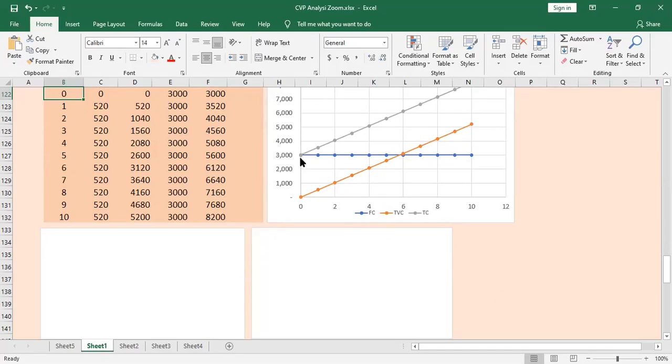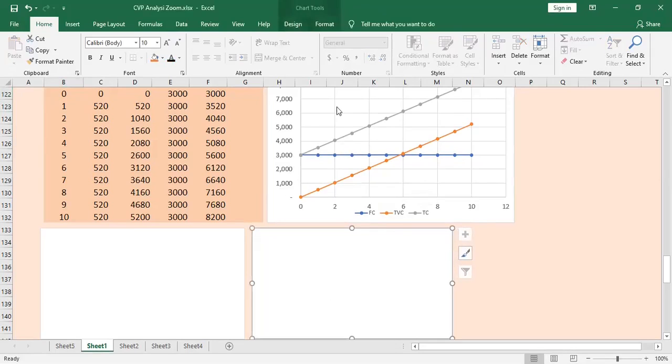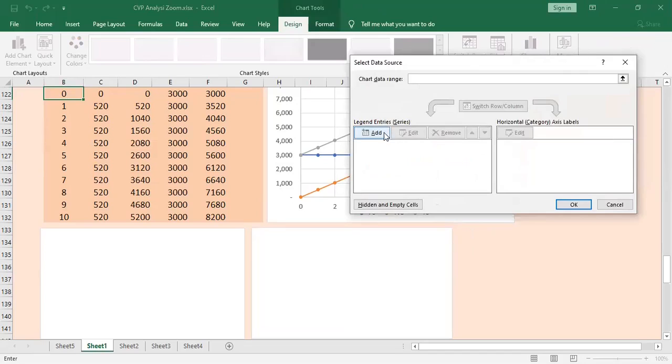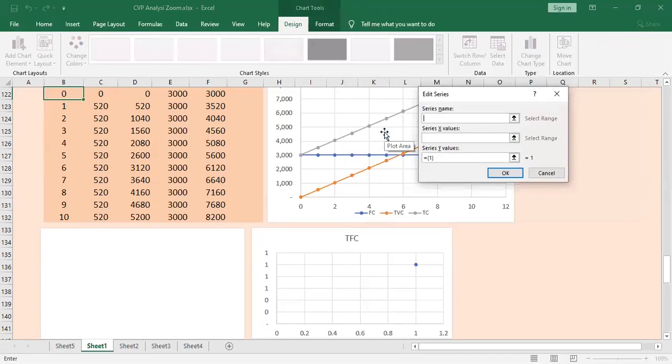Now we know that whatever number of units you are going to produce, fixed cost is going to be the same. So let me put that here. Actually I am going to put the total fixed cost, obviously the same result.